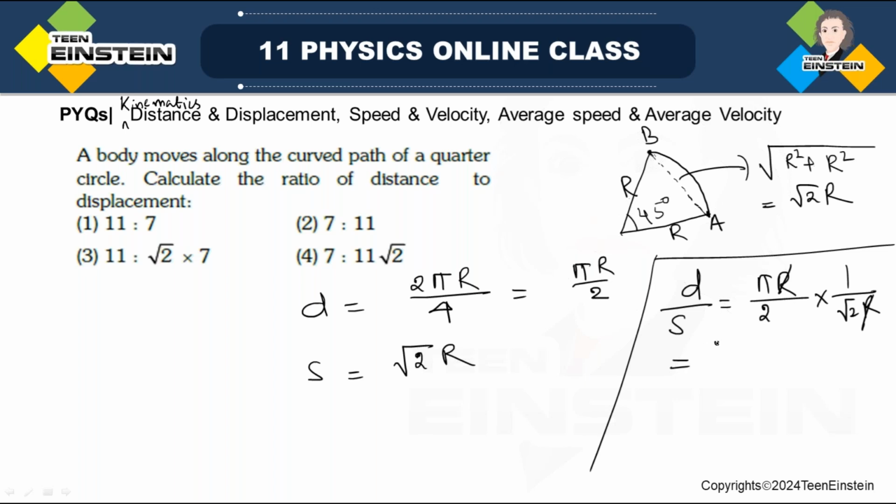Pi can be written as 22 by 7, into 2, into 1 over root 2. This can be simplified further to 11, so I'm getting 11 by 7 root 2. This third option is the correct answer for this question. Okay, so we'll go to the next problem.